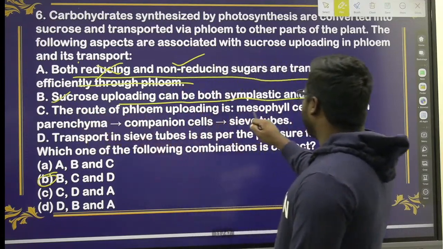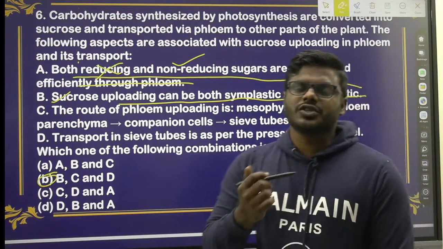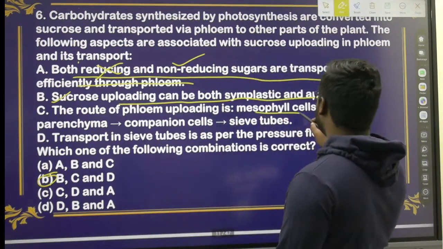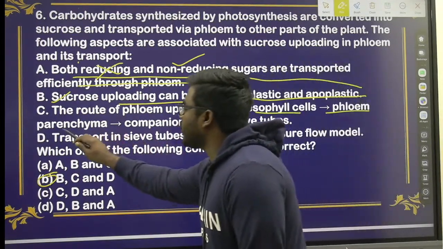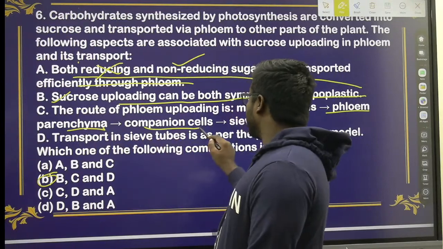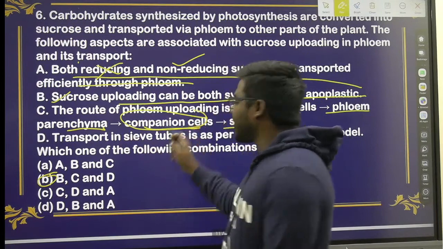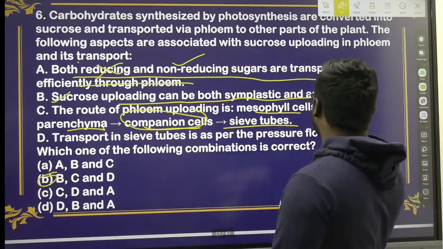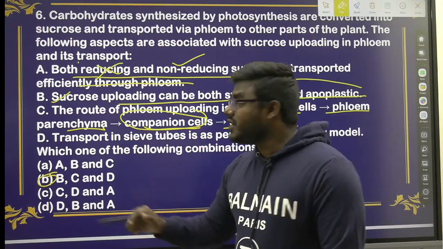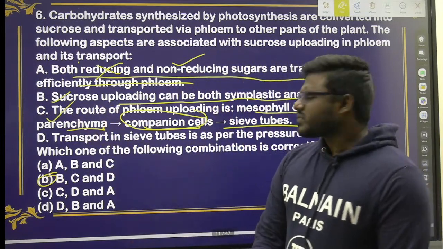The route of phloem loading is mesophyll cell, where the sugar is synthesized, from mesophyll cell to parenchyma, parenchyma to companion cells, to sieve tube. You know, right? Companion cell can act as a linker cell which connects the mesophyll cells to the sieve tube cell. So C is right.